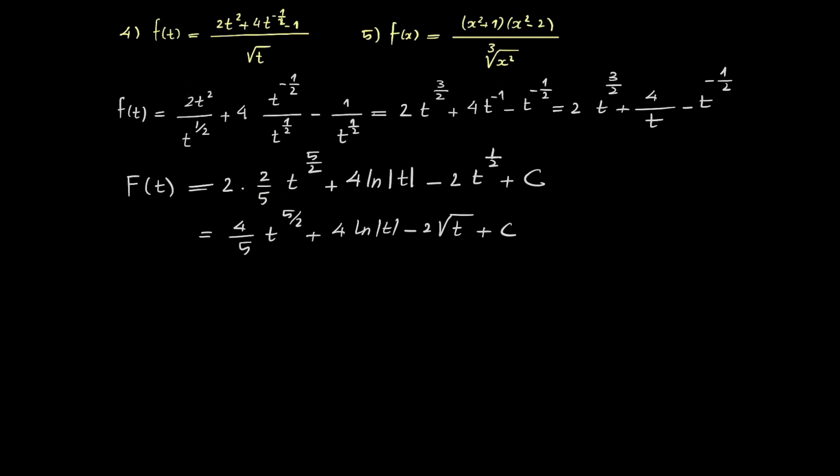And I think you know already what to do with number 5, yes? So this was number 4, now this is number 5. So what should I do in number 5? Is it clear? For finding a primitive function for number 5.